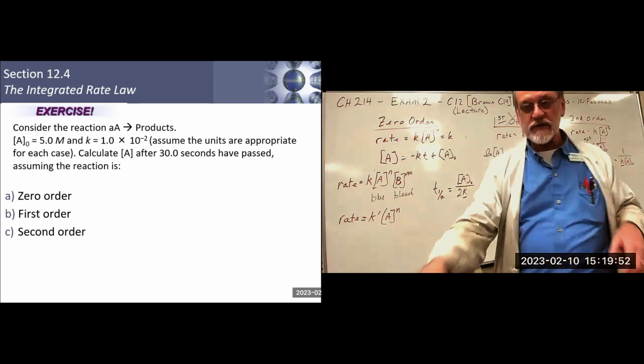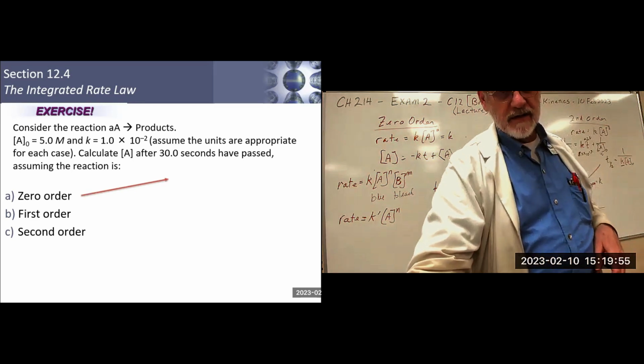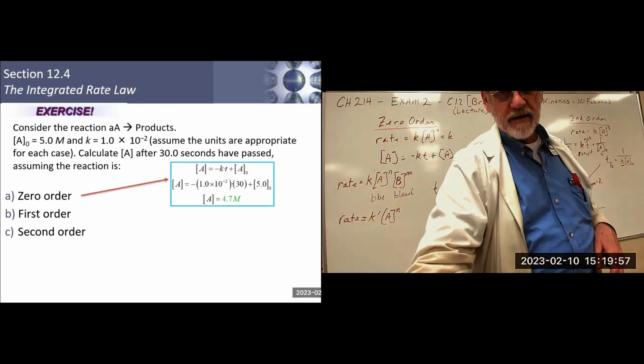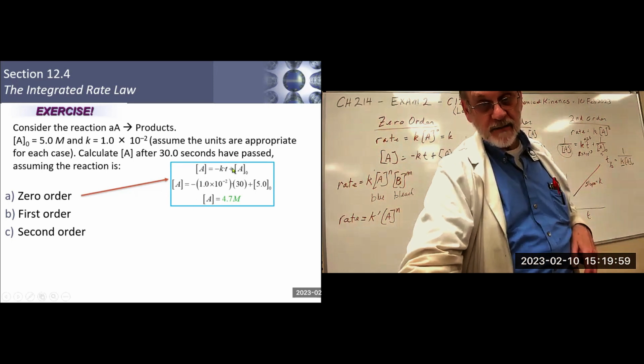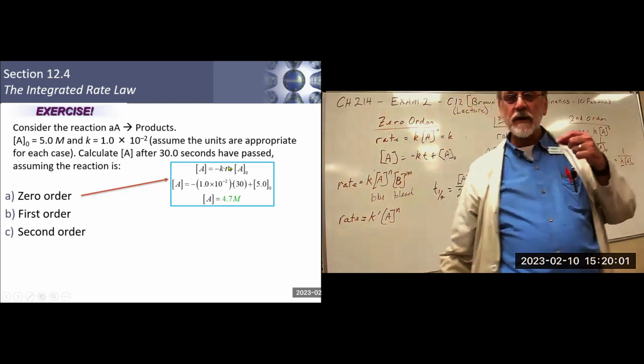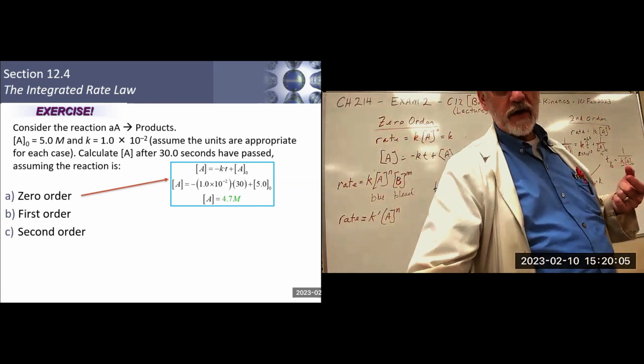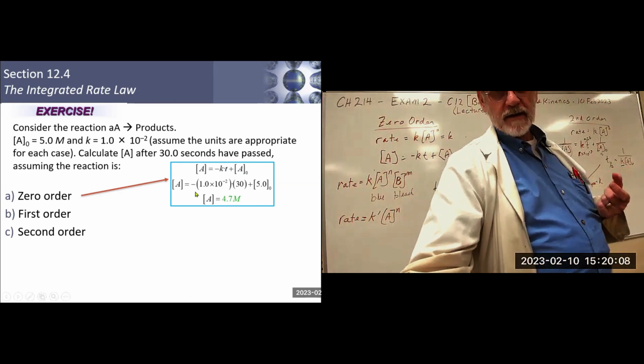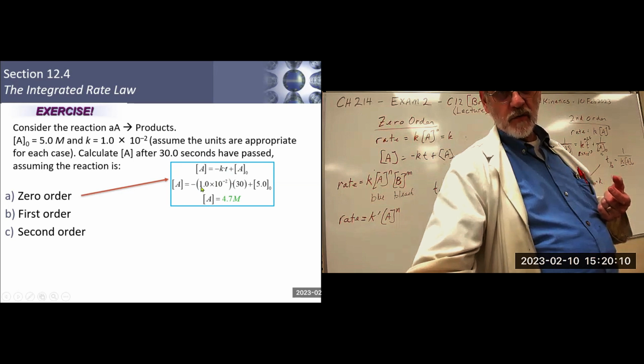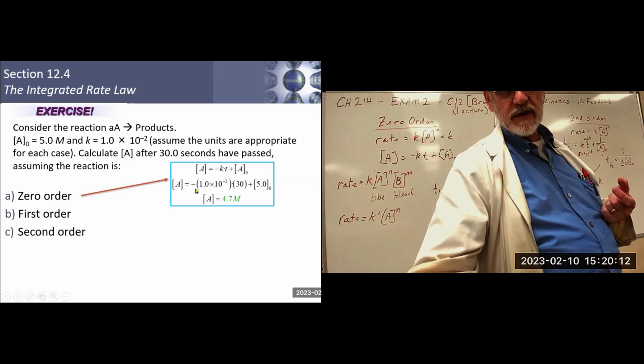So we're going to do each one of these concentrations. There's the zero order. So if we say it's zero order, that means it has to be this value. And since we're incorporating a time factor, then we have to use the integrated rate law. So the K value here is 1 times 10 to the minus 2. There's your negative. There's the amount of time elapsed.